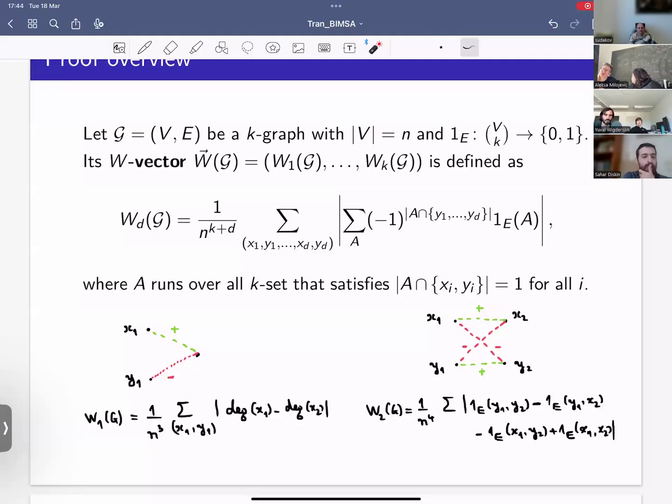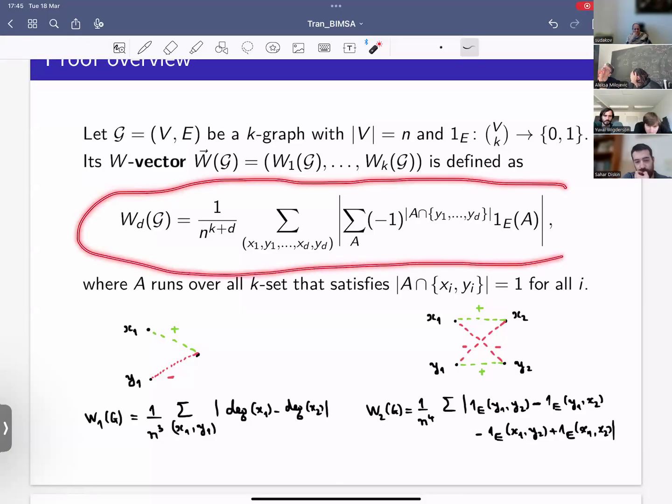It records whether a k-set of vertices belongs to G or not. The key concept for us is the so-called W vector of this hypergraph G. It has k coordinates, W_1 to W_k, and the d-th coordinate of this W vector is defined by this cumbersome formula.